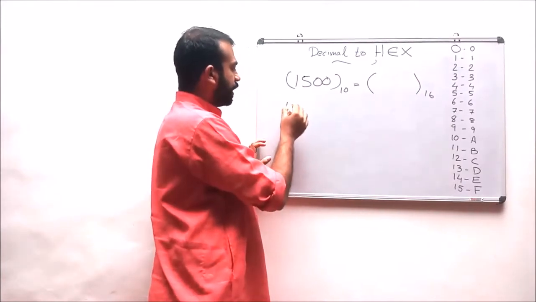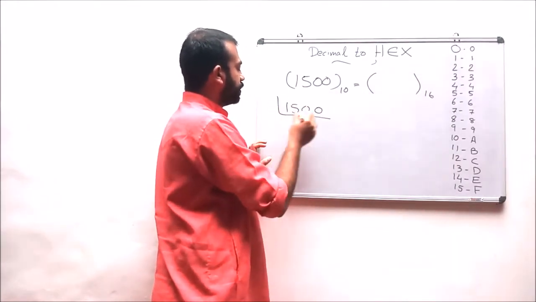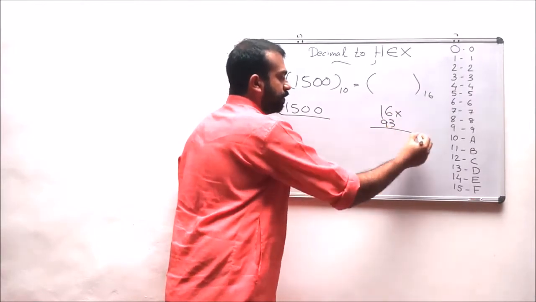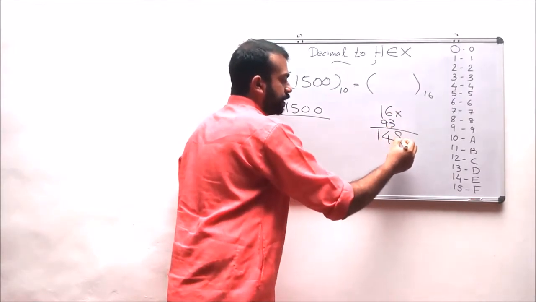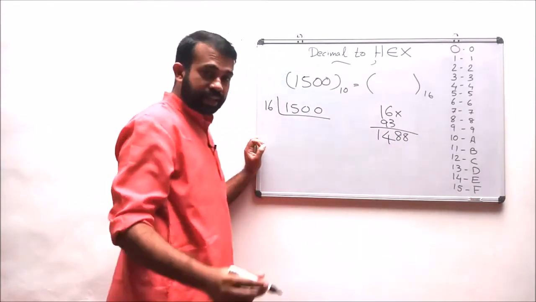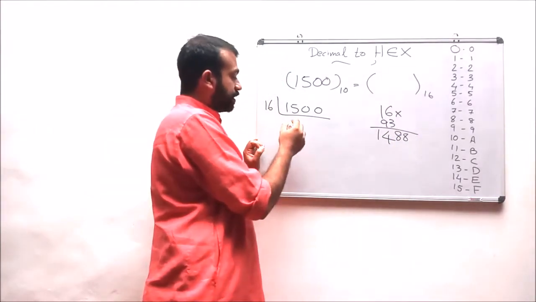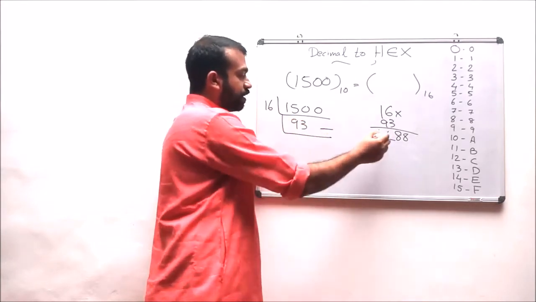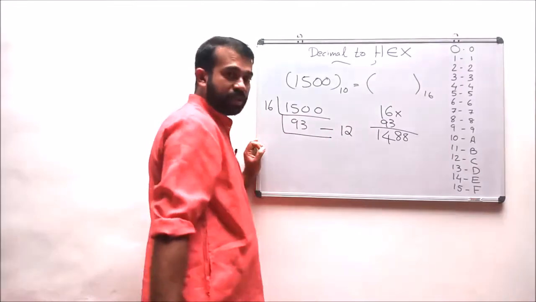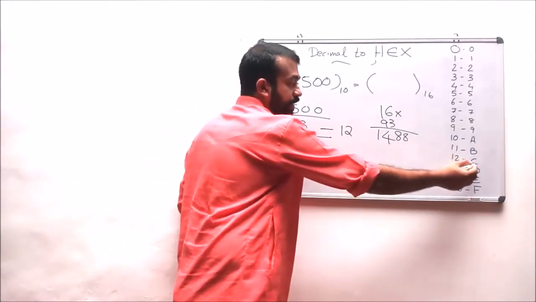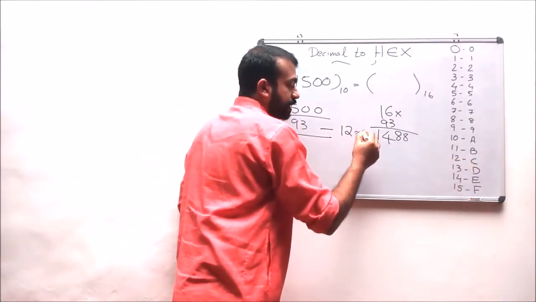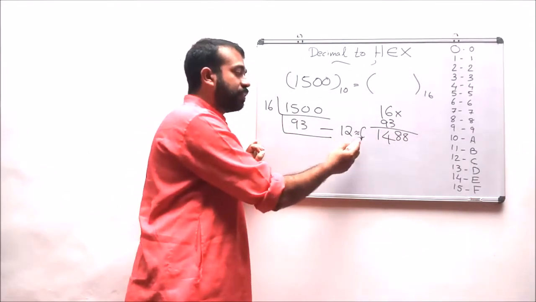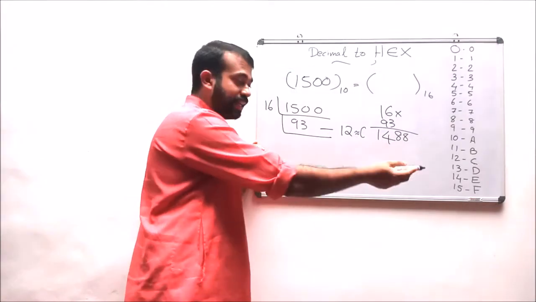When 1500 is divided by 16, 16 into 93 equals 1488, so the quotient is 93 with a remainder of 12. And this 12 is equivalent to the hexadecimal representation C.